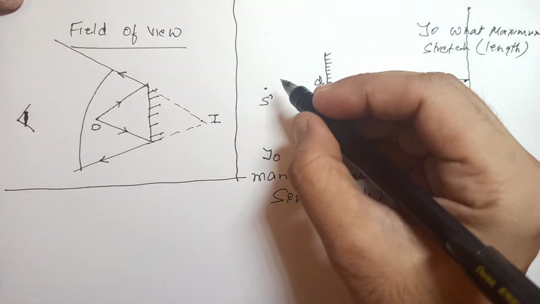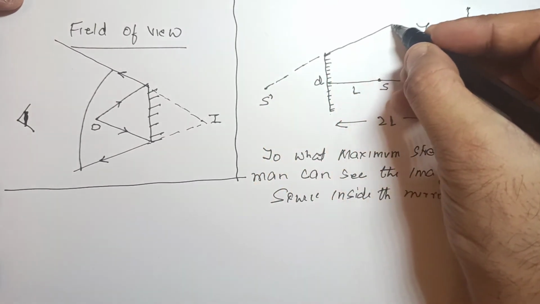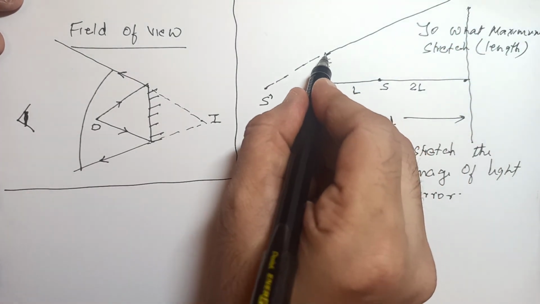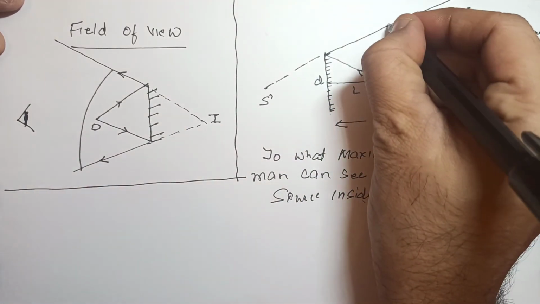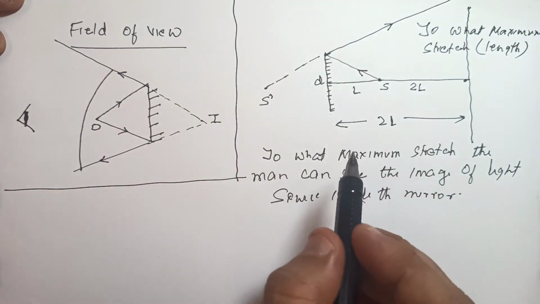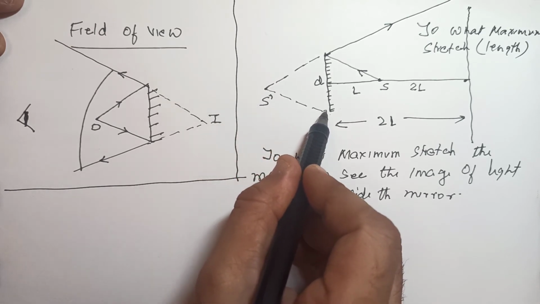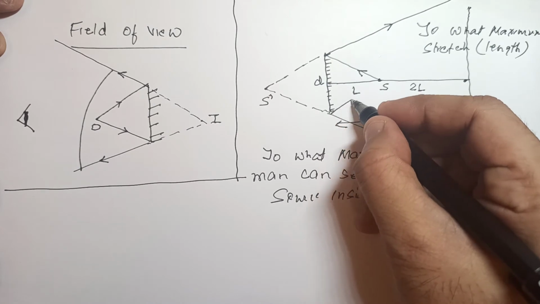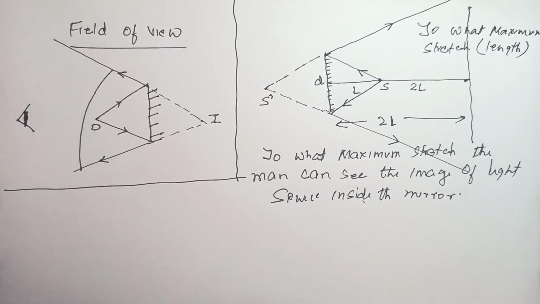Now from S dash we draw the rays, and similarly from this one.